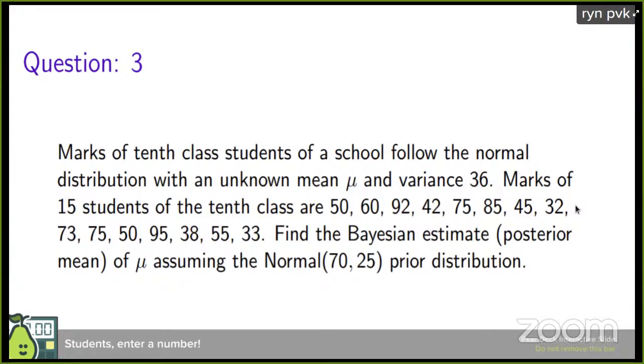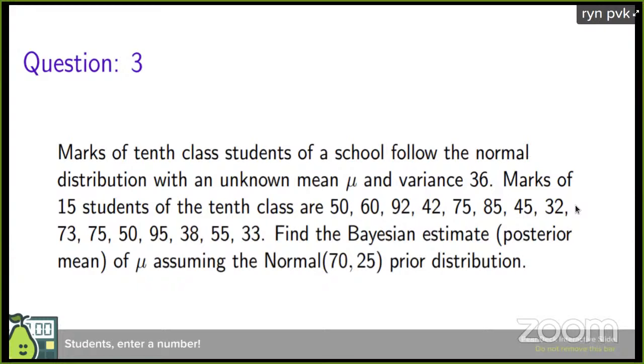So this is a distribution for mu, which is the unknown parameter. Population mean is mu, and this mu is also a random variable, and it has a distribution of normal 70, 25.